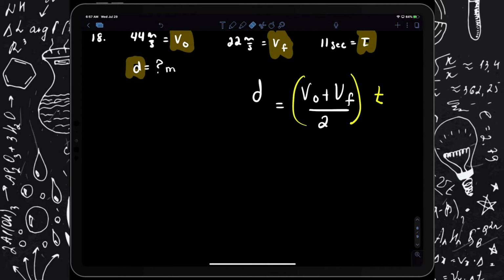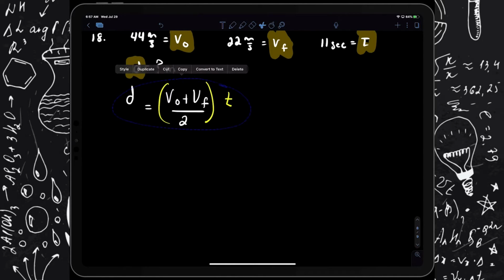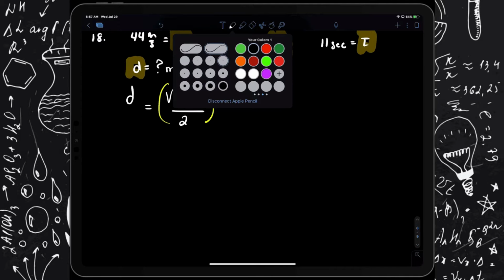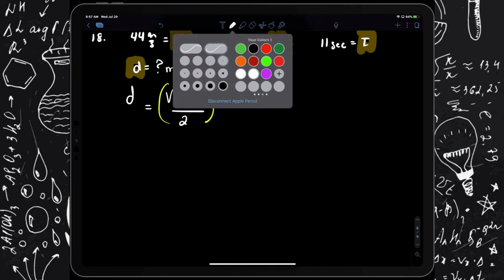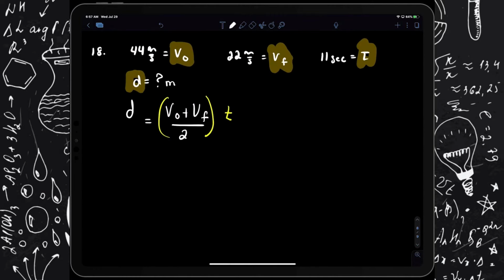I'm going to clean this up just real quick. It won't take but a second. Okay, so we'll have that down on our paper here. We'll go with our substitute next. You have distance equals, the VO was 44 plus the 22 meters per second divided by 2.